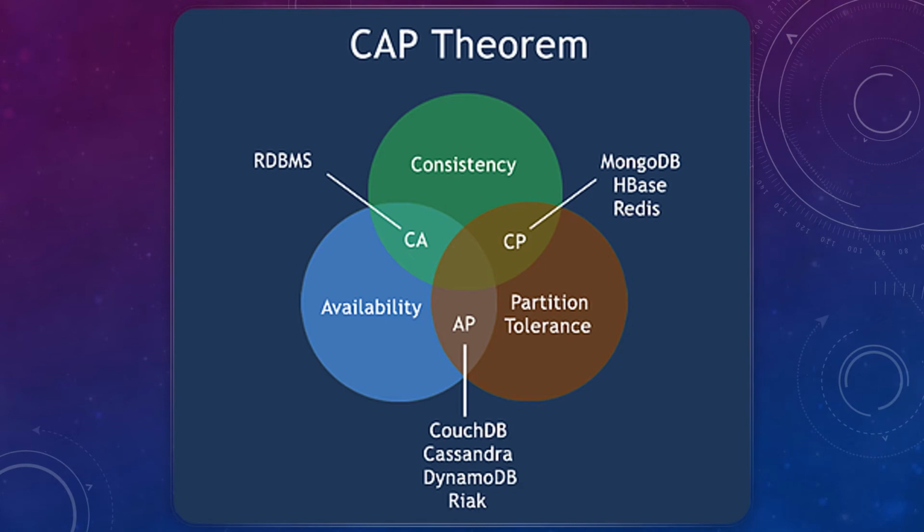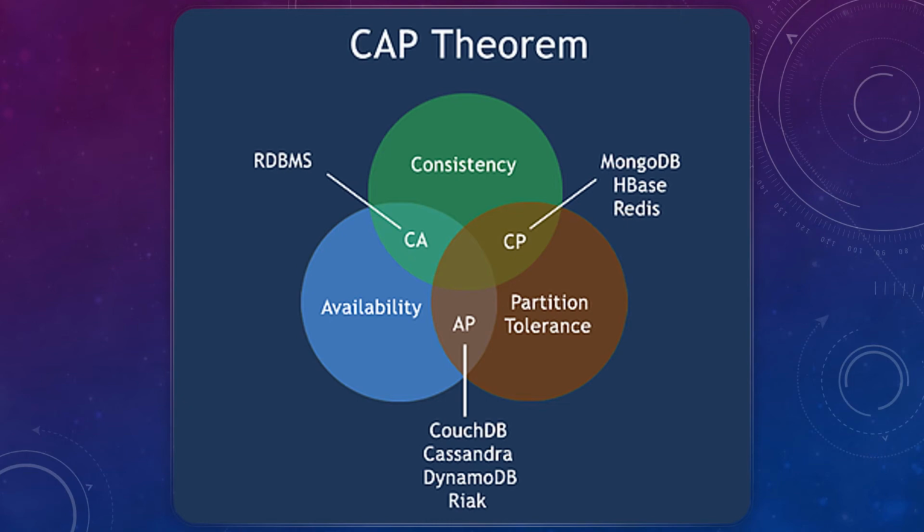Here consistency means that all the nodes in the network see the same data at the same time, or the reader gets the most recently written data. Coming to availability, availability is a guarantee that every request receives a response about whether it is successful or failed, and the more users a system can serve, the better the availability.